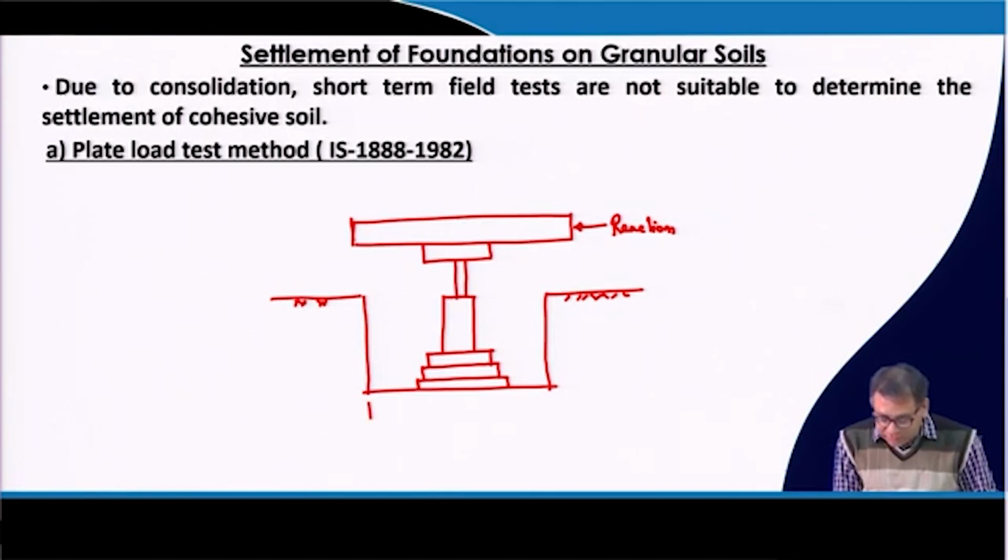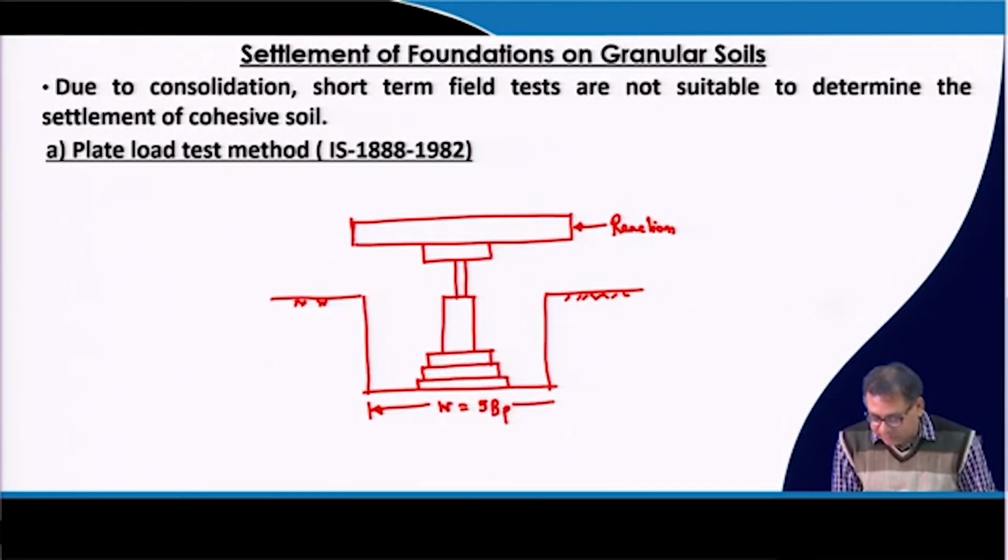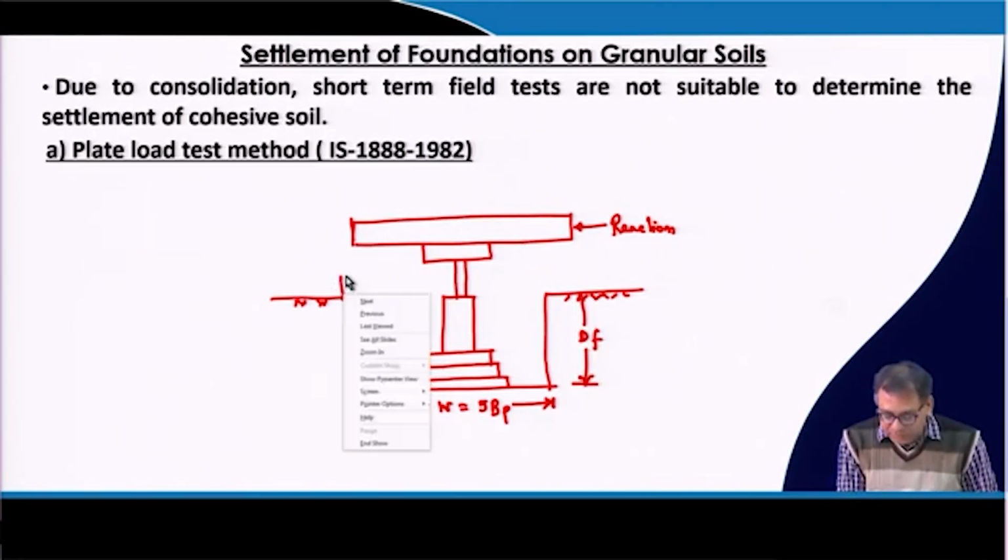Generally, the minimum width of this pit should be 5 times the width of the plate. Ideally this should be the Df, but if it is not, then again we have to apply a correction. Okay.